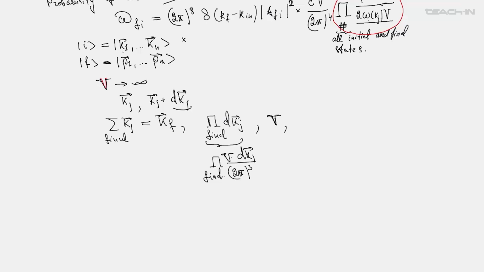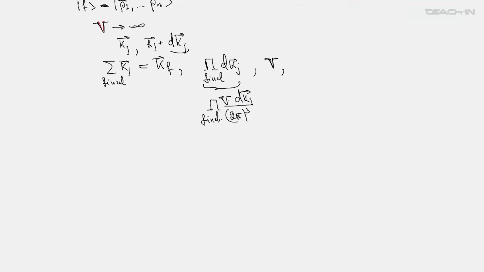So this is, let's say, the measure with which we have to weight our transition probability, and weighting our transition probability with this measure factor defines what is called differential probability.